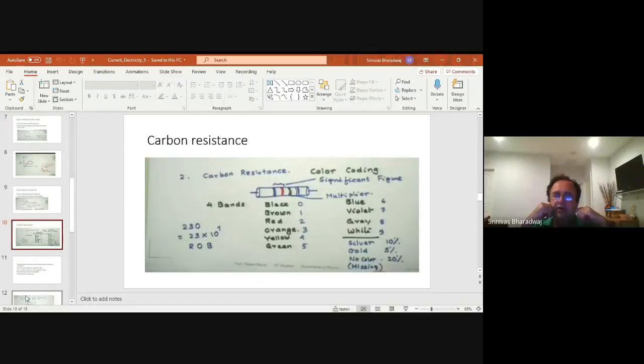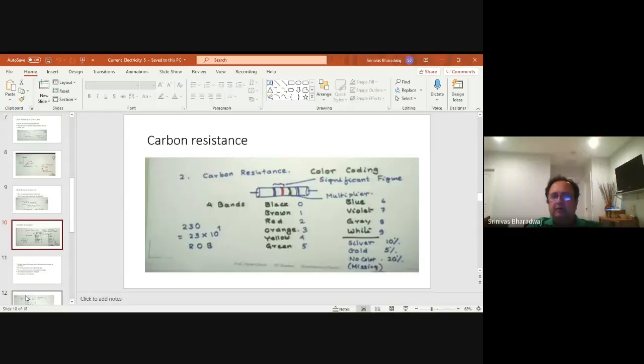Graphite resistances are there, right? The color coding gives you the significant figures. Whether it is 10 ohms or 1000 ohms is decided by these color codes. Black is 0, brown is 1, red is 2, orange is 3, yellow is 4, like that.